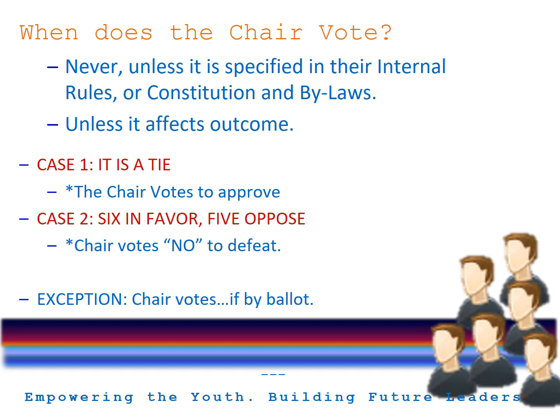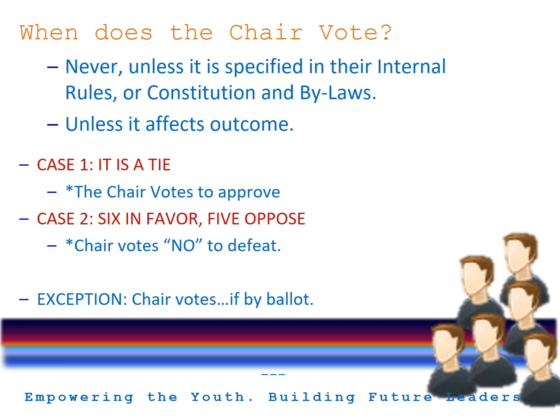When does the chair vote? Okay, so the chair does not vote unless it is specified in their internal rules or constitution and bylaws, or unless it affects the outcome. We have here two cases. Case one, if the vote is a tie, the chair always votes to approve, so that the motion should be approved.